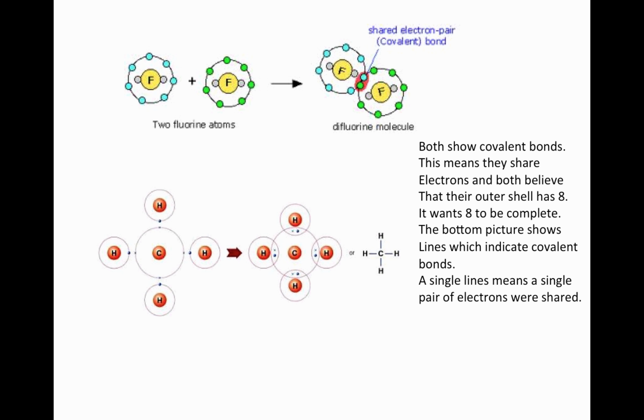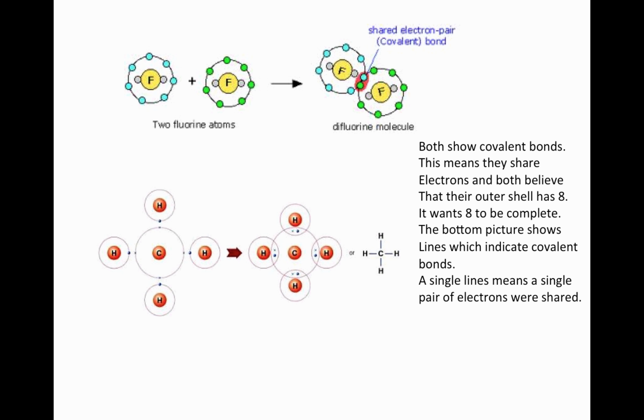There's a single, which means they're sharing 2 electrons, 1 each, or a pair. A double covalent means they're sharing 2 electrons each, or 4. A triple covalent, which you don't see that often, but that means it's sharing 3 each.